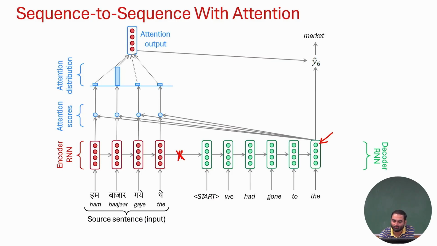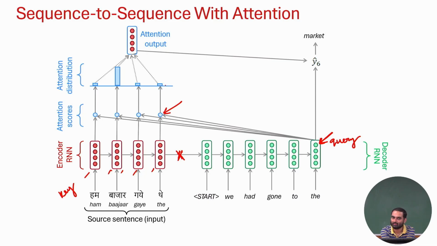The decoder state is called query, right? And each of these encoder states is called key. When we take the dot product between encoder and decoder state, it is basically a dot product between a query and key, right? So query, key, dot product here.